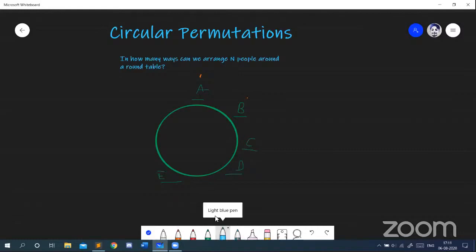But now I'm going to leave it to you to reason out why. If I were to arrange n people linearly, it would have been just n factorial, right? And I'm saying that I can rotate it in n ways because in one rotation I'll have A here, in another rotation I'll have B at the top, in another rotation I'll have C at this position, and so on, right?